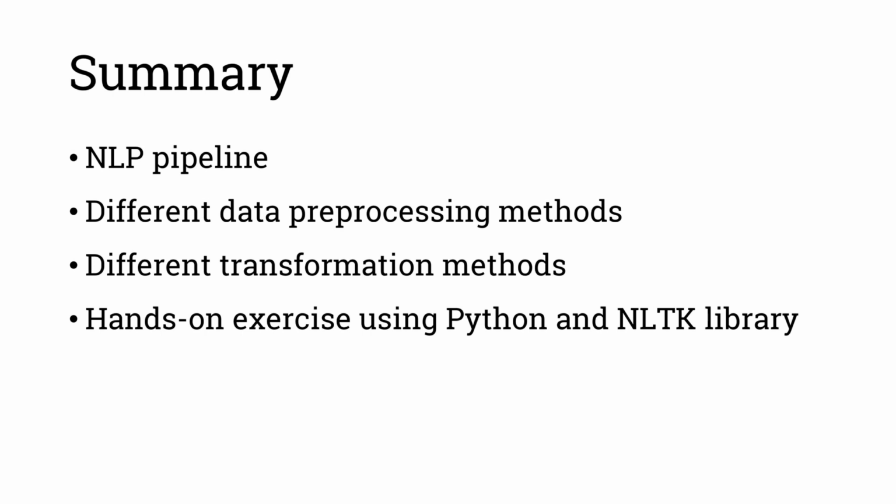And finally, when we have a curated list of processed data, we then perform a number of encoding techniques so that it gets reduced to a numerical vector. We talked about two very common encoding techniques. One was the bag of words model and another was the TF-IDF technique. And then we explored all these concepts using Python and the NLTK library.